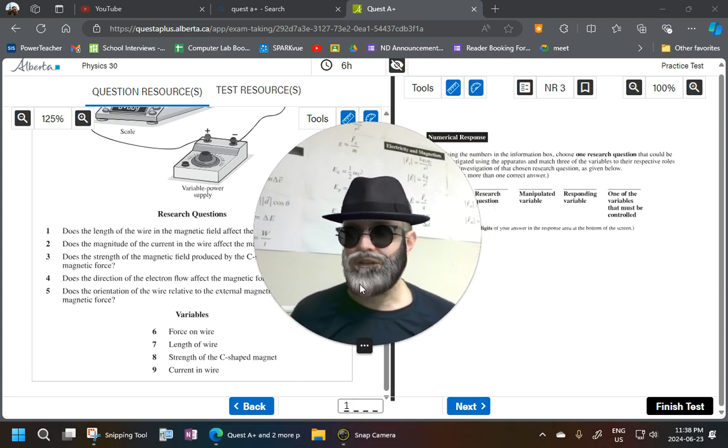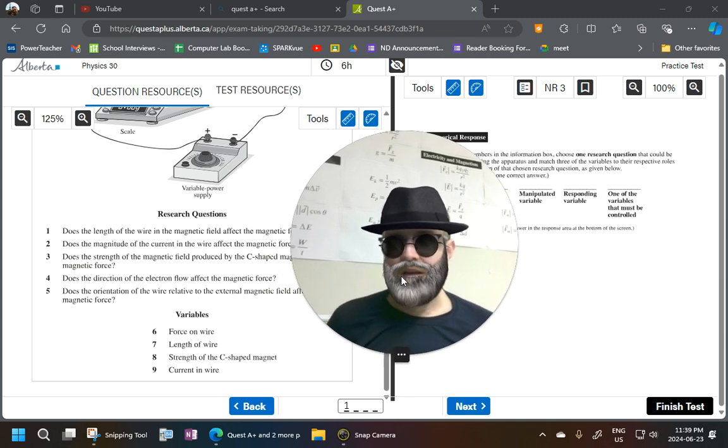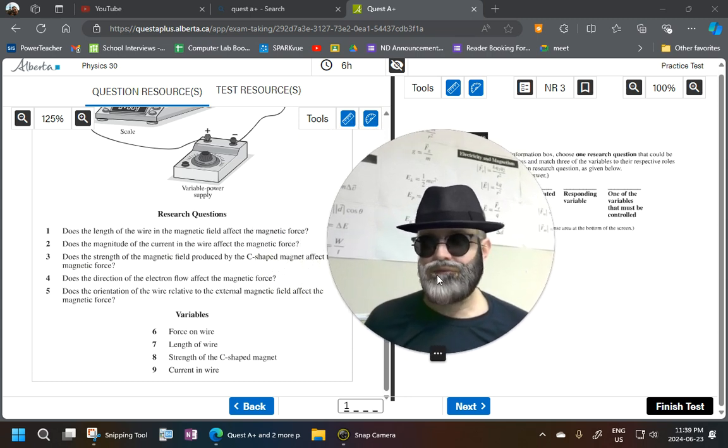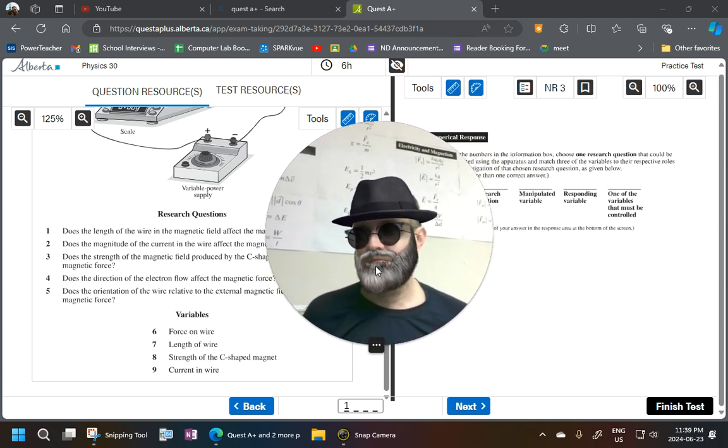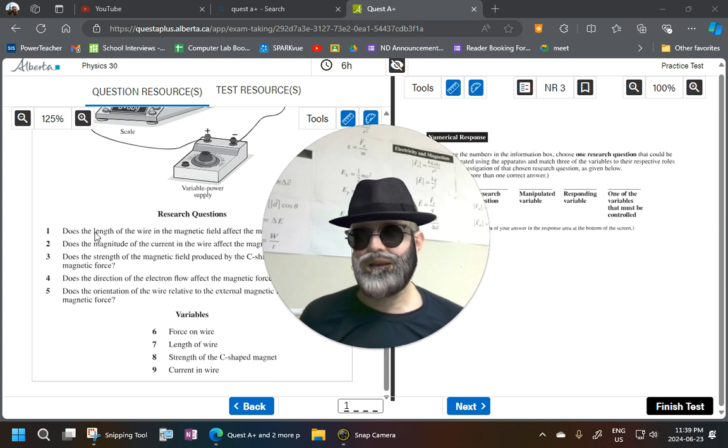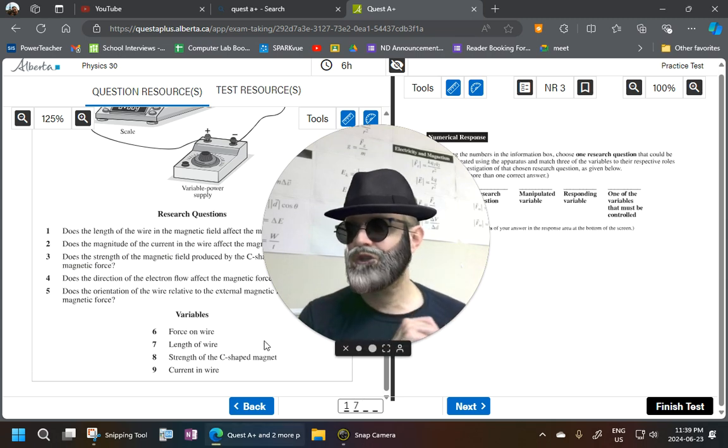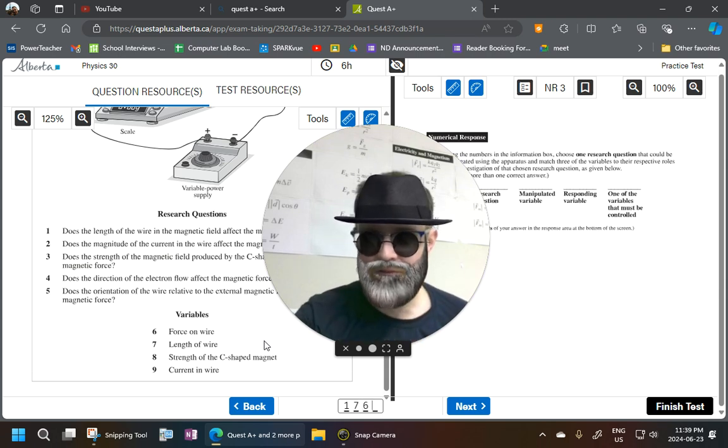Maybe something we can't change here, right? Does the length of the wire in the magnetic field affect the force? Okay, so they're saying that does the length, if I change the length, what happens to the force? So they're saying literally in that sentence, what if I manipulate the wire, what happens to the force?